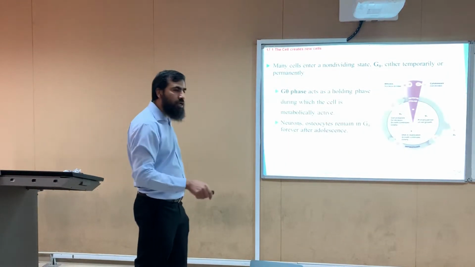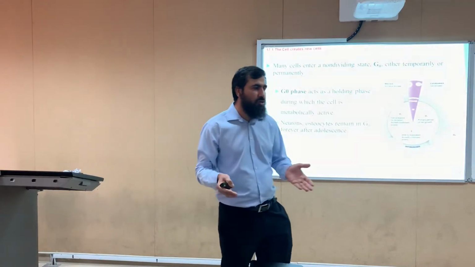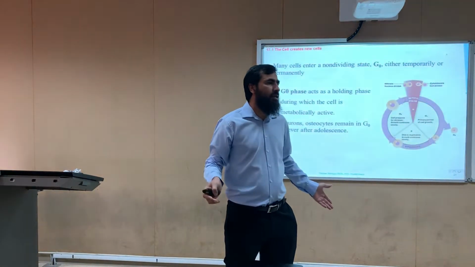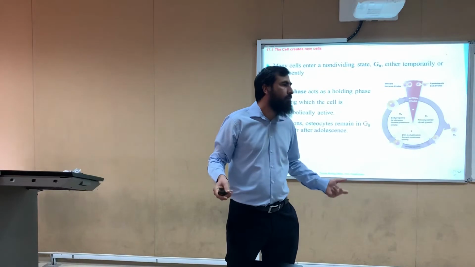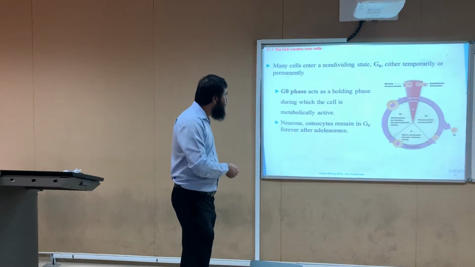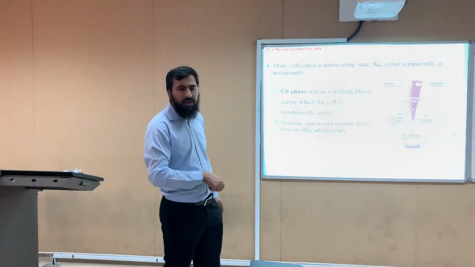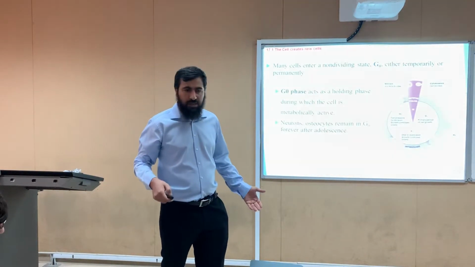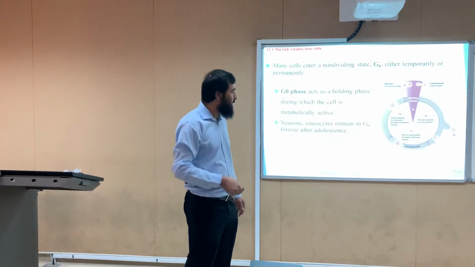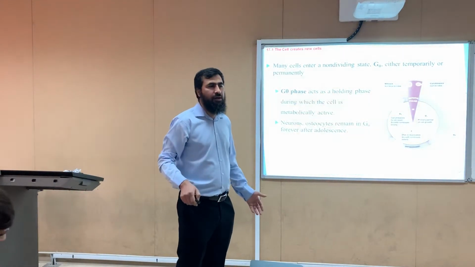So that's why, when somebody has an injury in their spine, it doesn't repair. They won't be able to walk again, because these cells can no longer enter the cell cycle and regenerate. Remember I said the cell cycle is important for regeneration? In this particular tissue, it's not going to happen, okay?